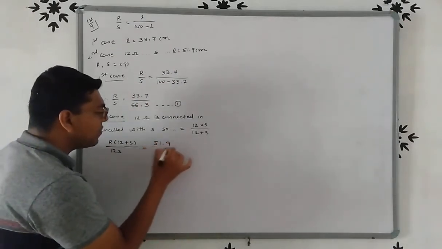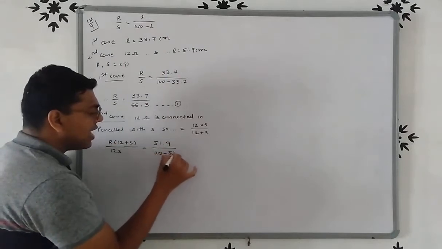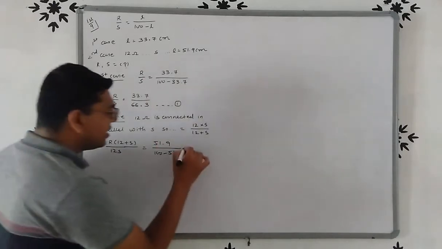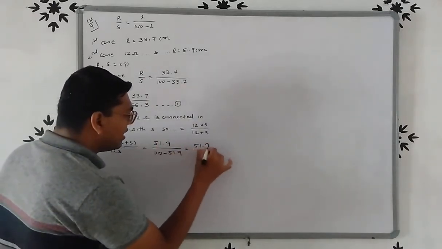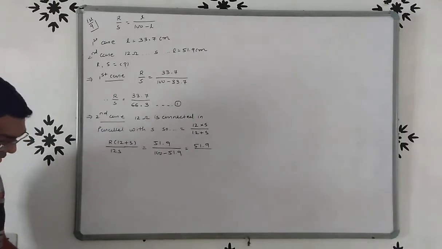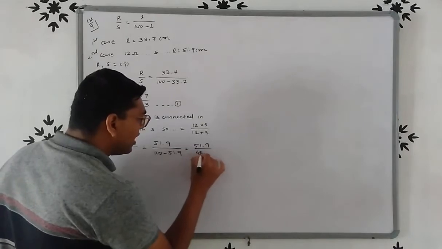So L is 51.9 upon 100 minus 51.9, that is 48.1.